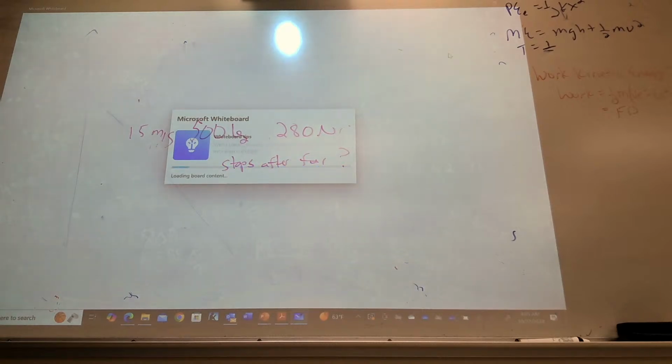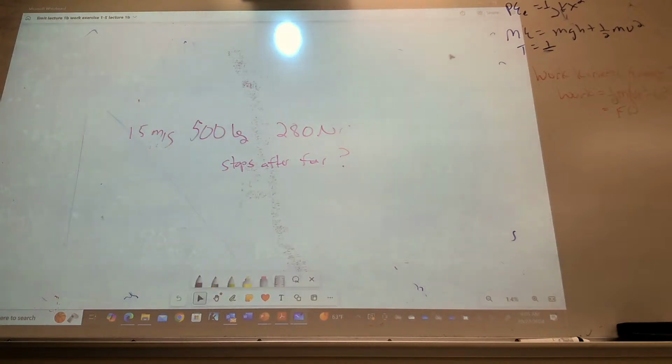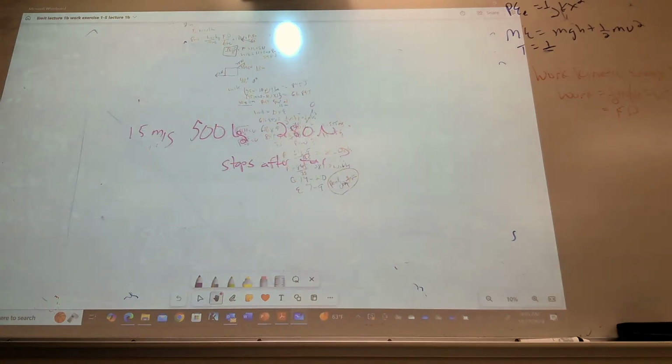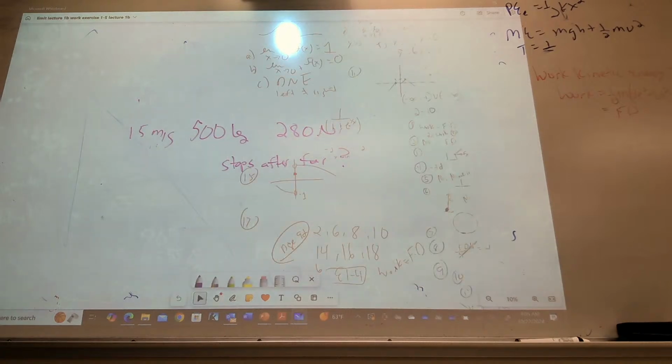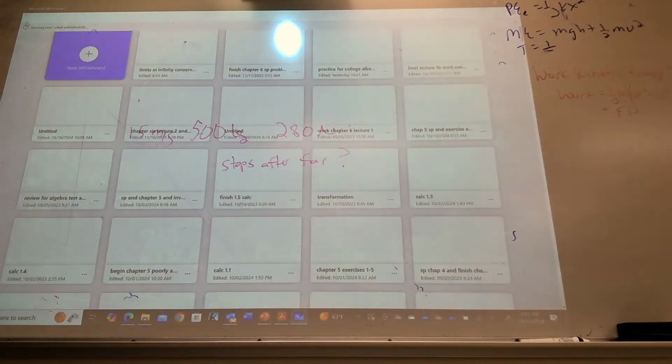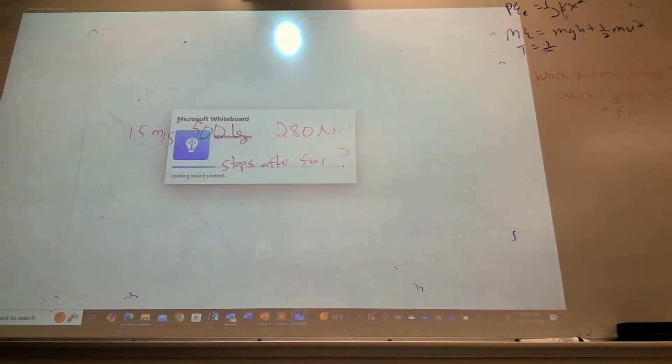So you have your equation right there for the work kinetic energy theorem. Okay, so the brake force is your force.